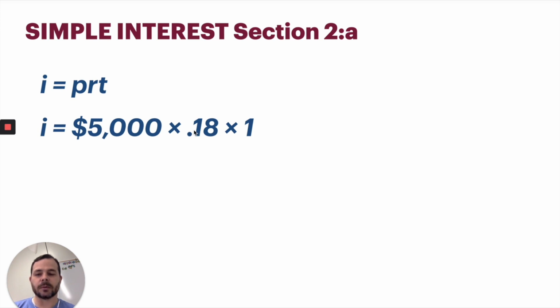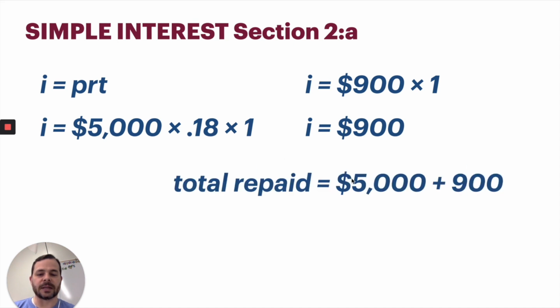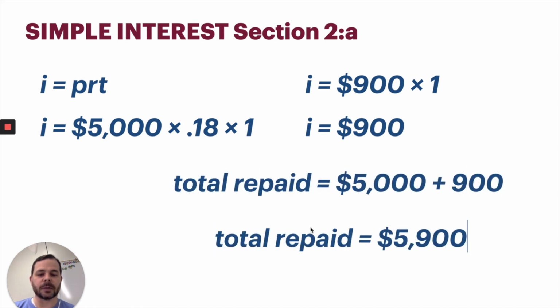So let's go ahead and multiply 0.18 times 5,000, and you're going to get 900. So the interest you're going to pay on a year is $900 on 5,000. And so we add 5,000 plus 900, and the total repaid is $5,900.